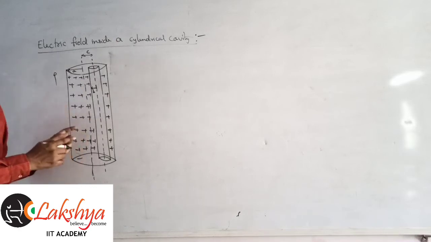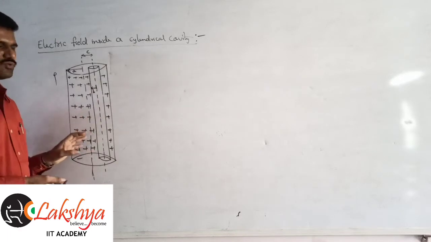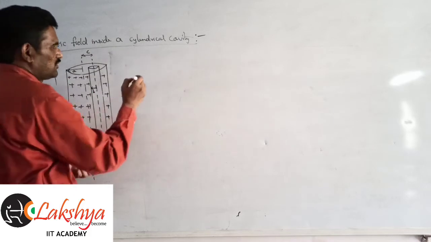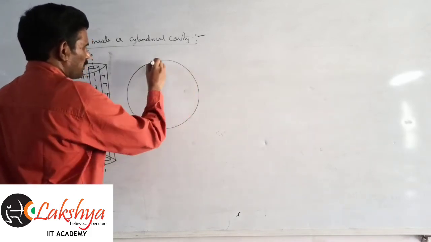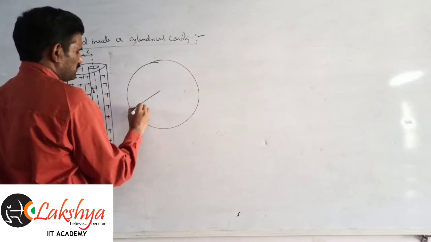This is the original view. Now I am drawing the top view. When you observe from the top, you can see the situation like this. It appears the same as our previous spherical cavity.